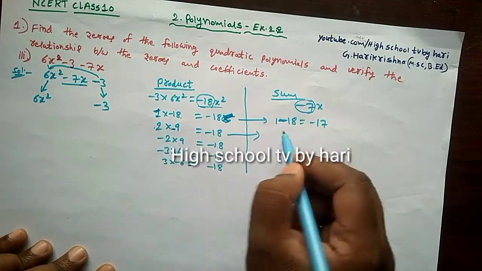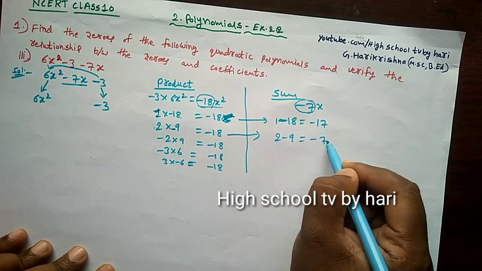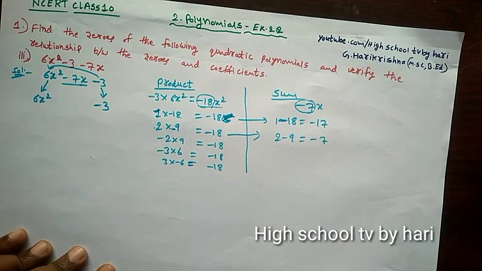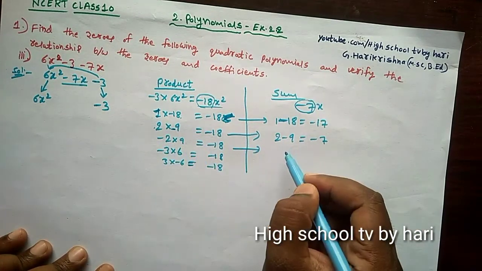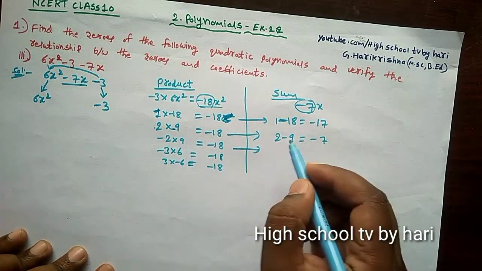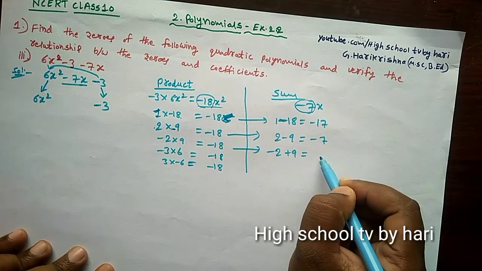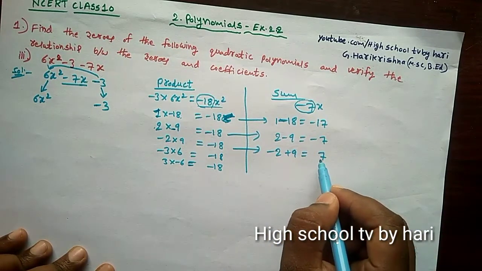Next, this is 2 and minus 9. 2 minus 9 is minus 7. We got minus 7 here. For minus 2 and plus 9, the bigger number is plus 9, so plus 7.